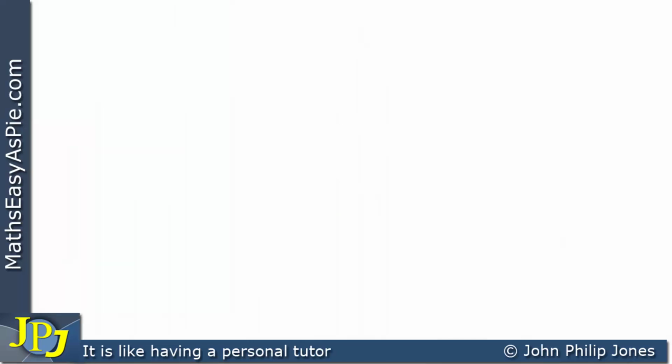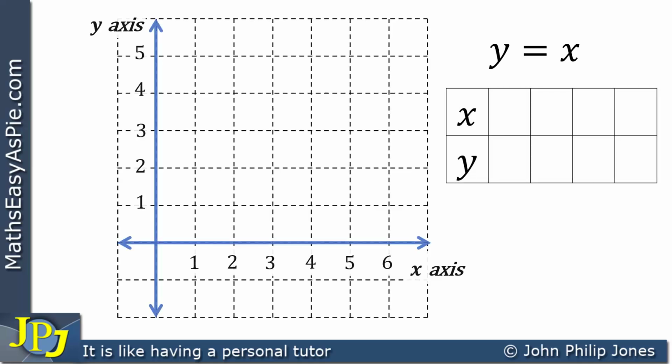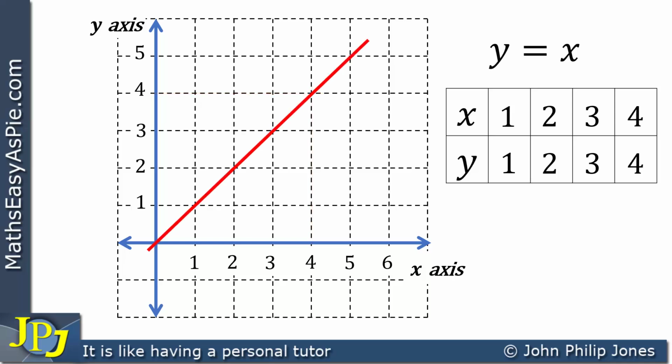Let's consider the plot on this slide again, and you can see we've got y equals x, and I'm filling the table up and plotting the various points. Now I'll let the animation run. And you can see that the line was drawn through all of the plotting points, and the plotting points were lined up in a straight line.